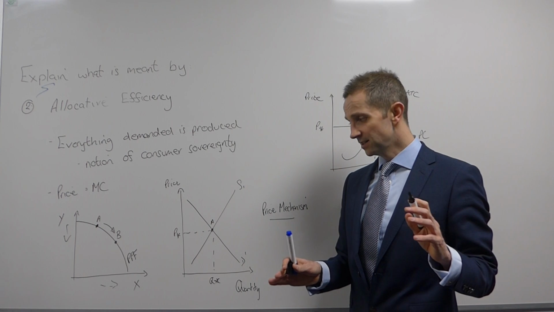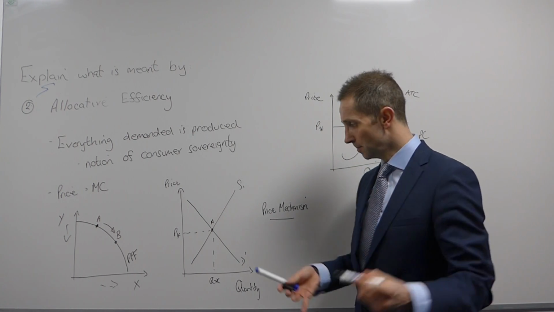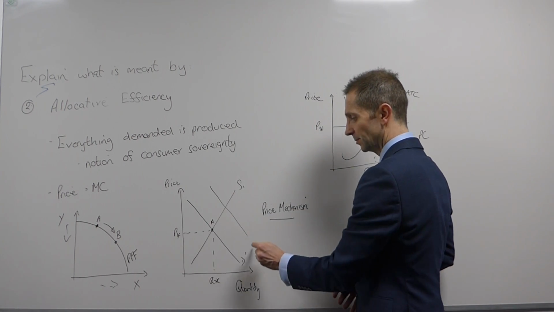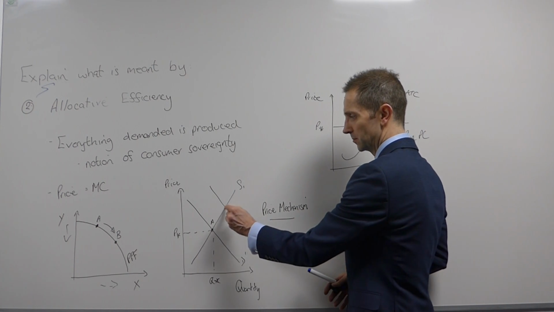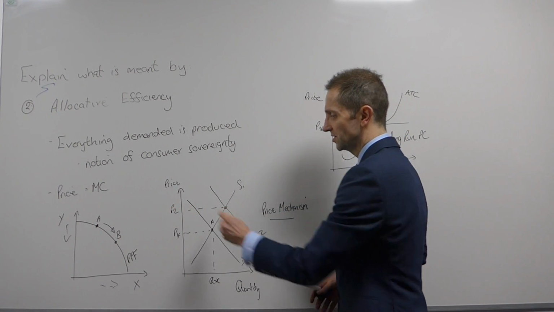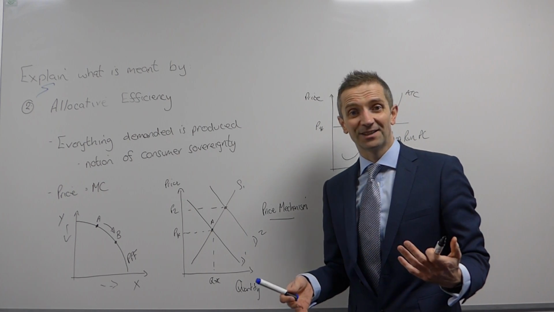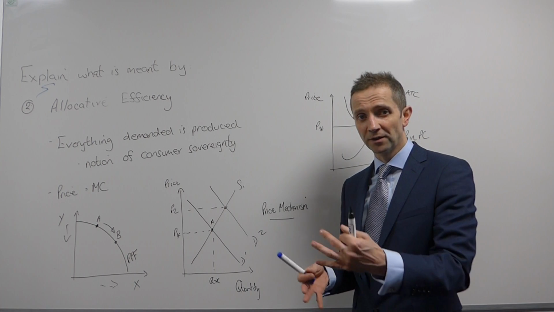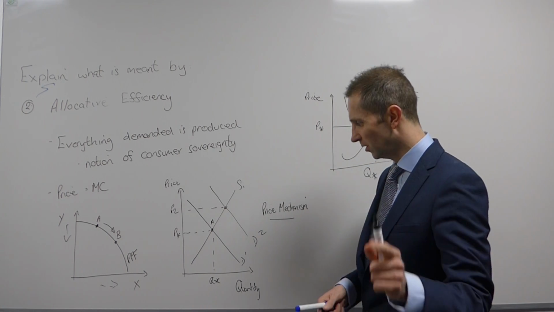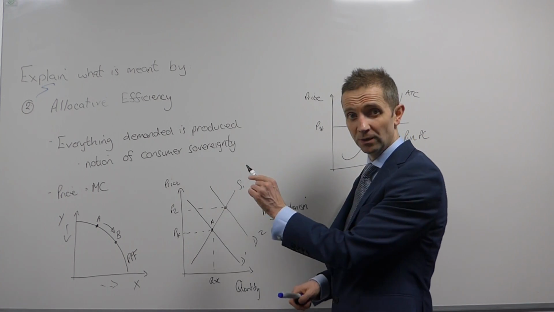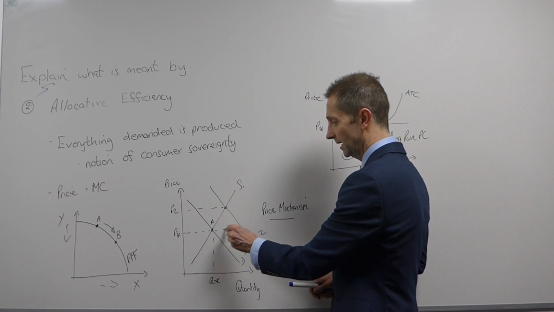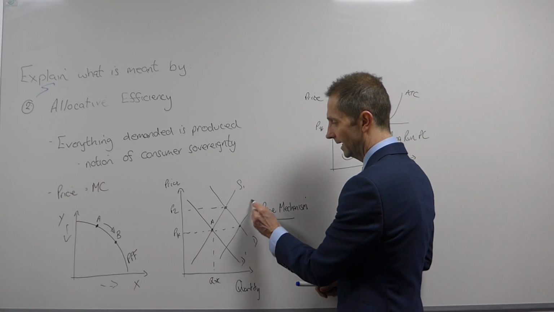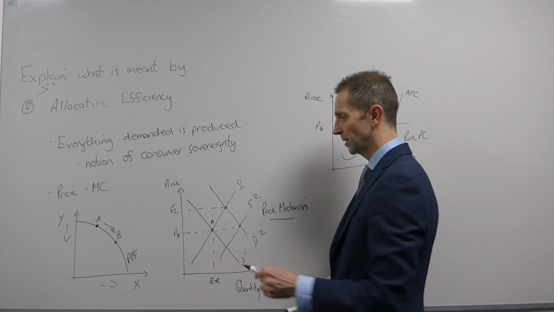So if there's an increase in demand, let's say there's an increase in income, the demand curve shifts to the right to D2, and price, as you know, rises to P2. That acts as a signal for new firms to get into the market. New firms enter the market if it's a free market, no barriers to entry and all that. And as a consequence, the supply subsequently increases, and we end up here at S2, where price is P star.